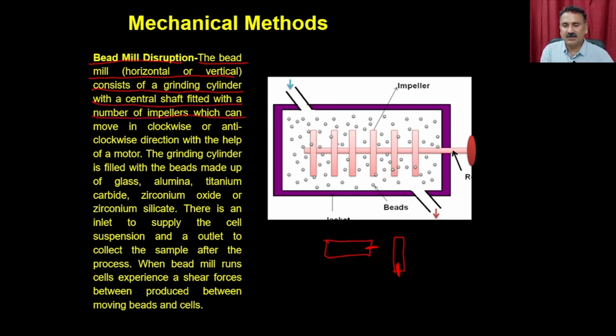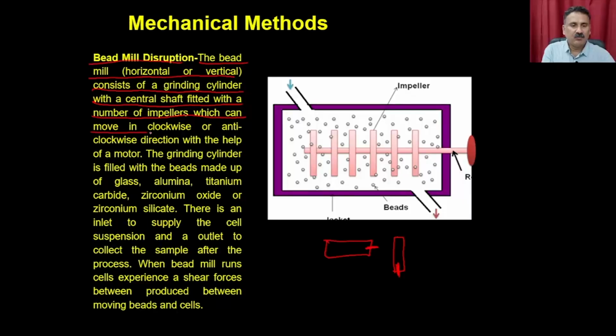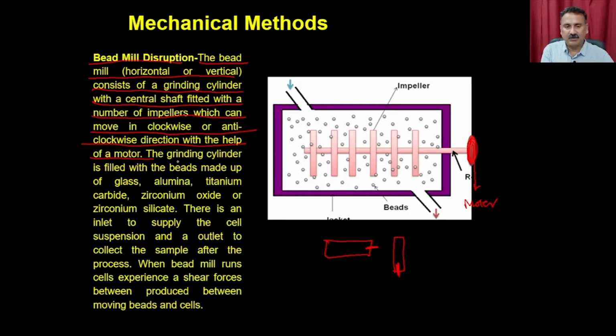So this is the central shaft, and then these are the impellers. They can move in a clockwise or anticlockwise direction with the help of a motor. So this is connected to a motor, and that motor can run these impellers in the clockwise or anticlockwise direction.